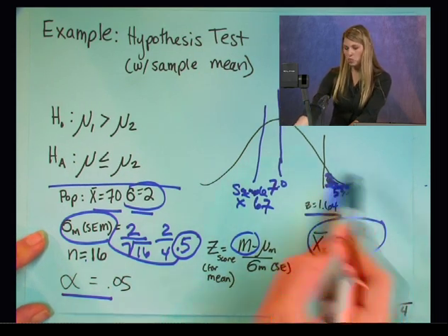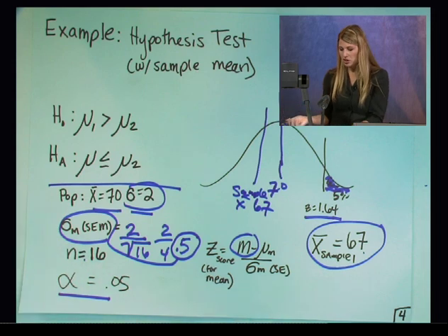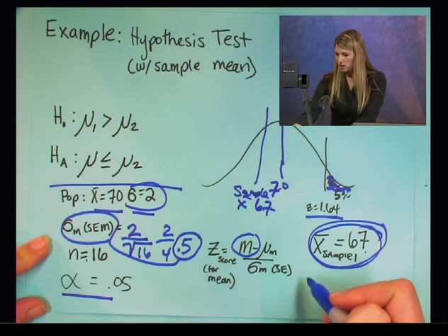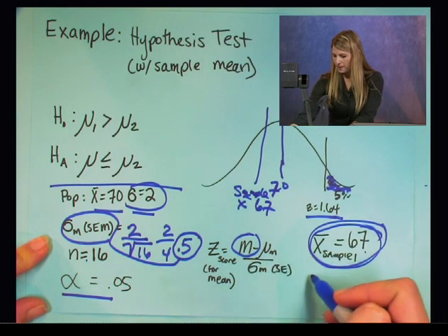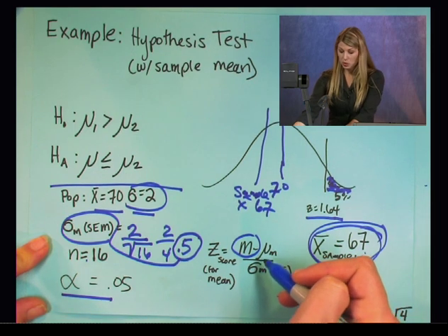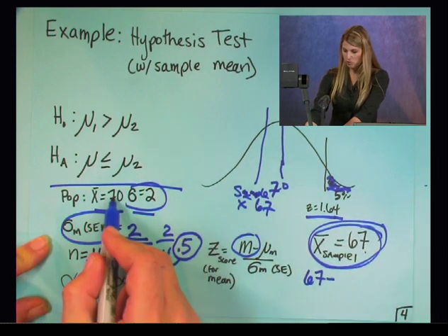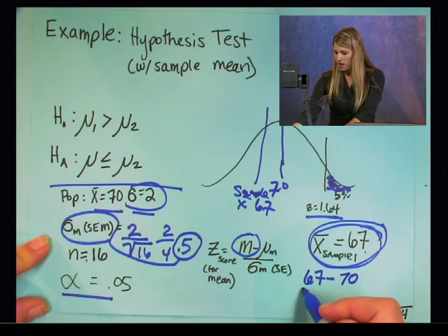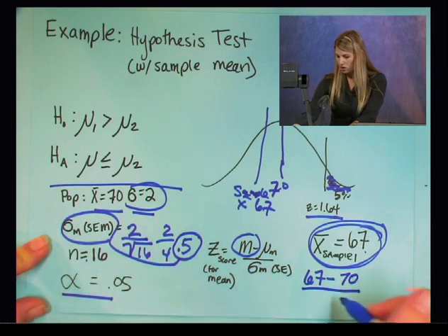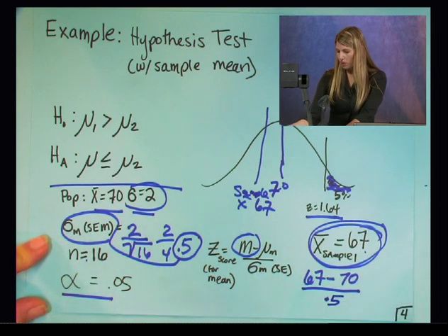Remember, we're only going to reject when we're up there. So you already know that you're not going to reject. But let's go ahead and follow the process. You would change this 67 into a z-score. You do that by taking your sample mean, 67, subtracting the mean of all possible means, which you remember is the same as your population mean, 70, and dividing by standard error, the standard deviation of the distribution of all possible sample means.